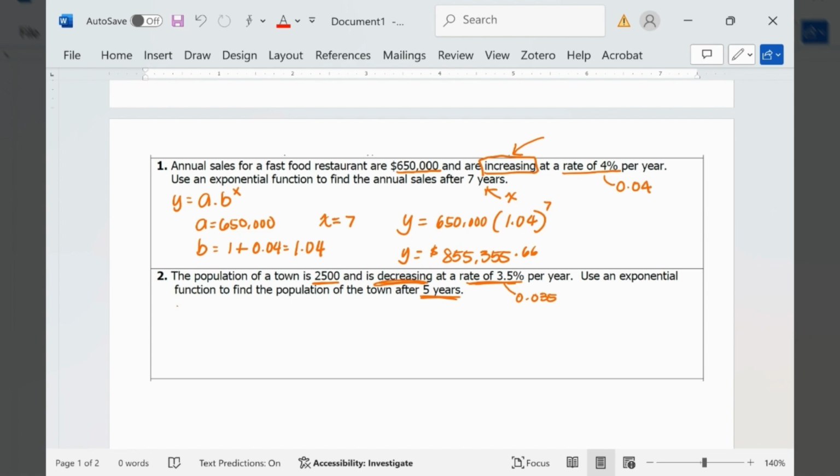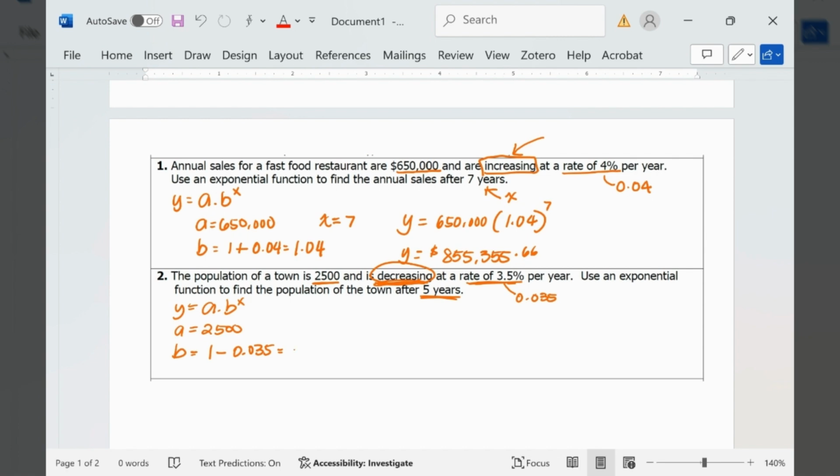I'm going to write my equation: a times b raised to x, where a, the initial value, is 2,500 population, and they said it's decreasing. So my b, this time I'm going to use 1 minus 0.035. So 1 minus 0.035 is 0.965.